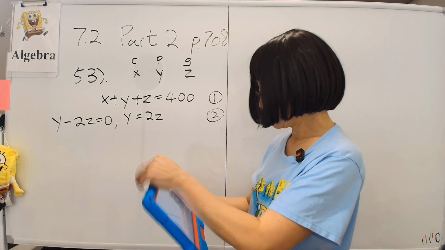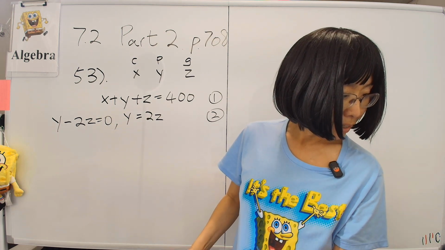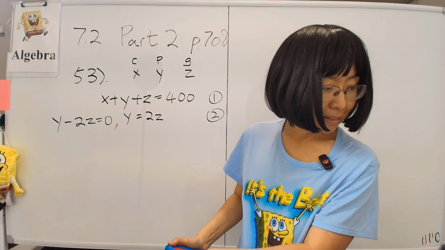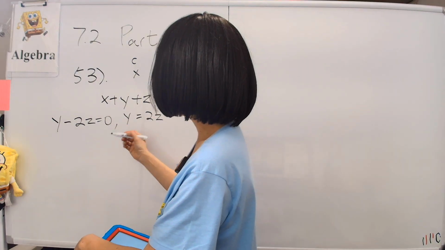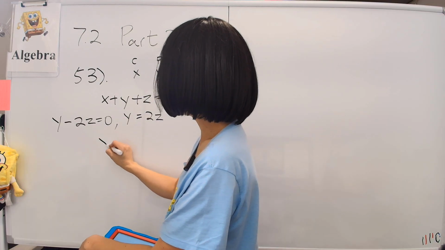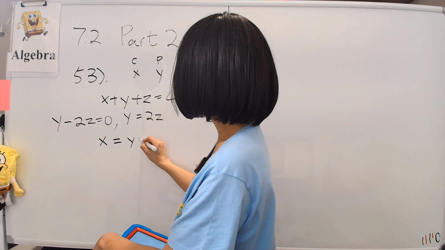And then the last situation is that there were 50 more children than parents. What that means is the number of children, which is x, is going to be the parents plus 50.